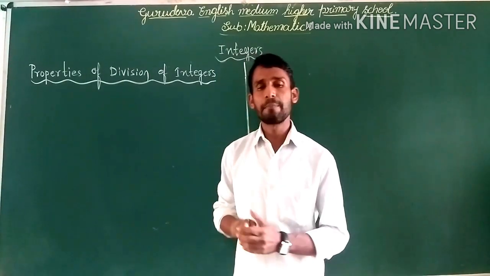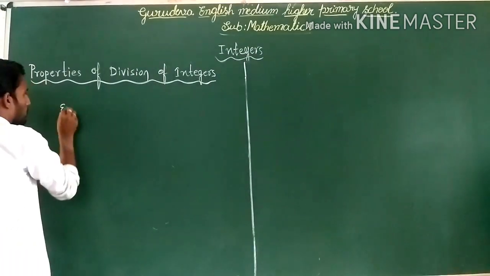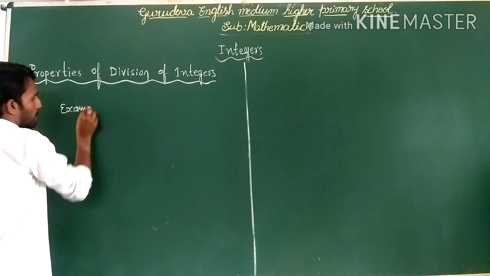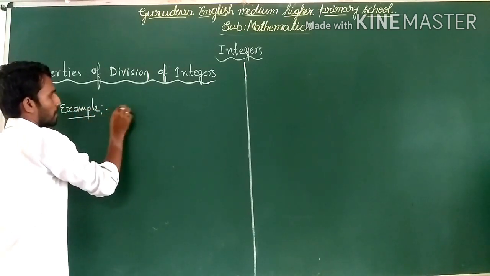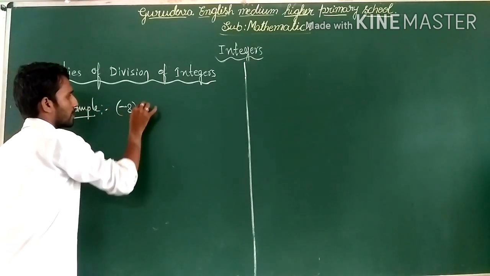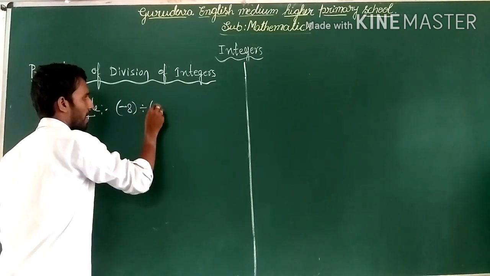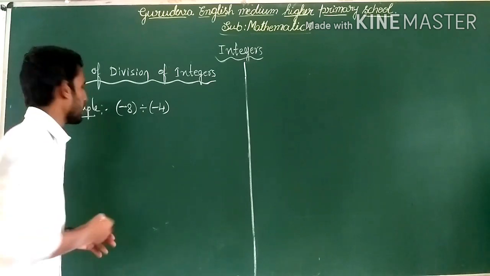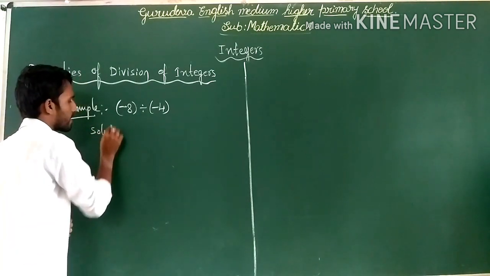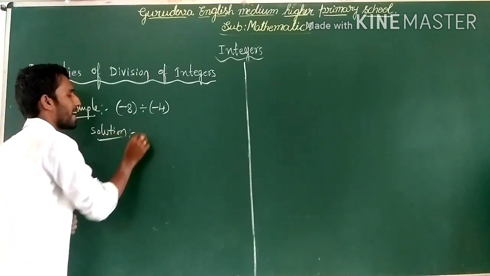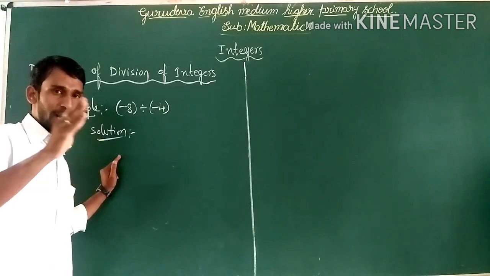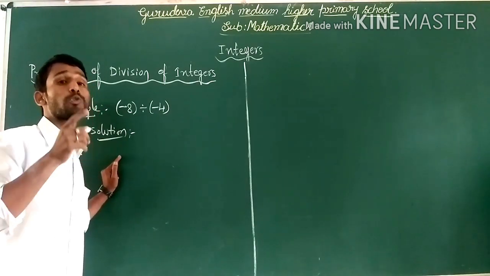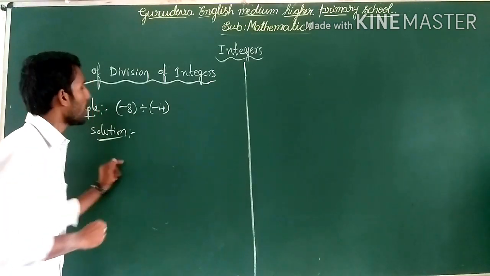First example I am taking here: minus 8 divided by minus 4. Solution: when we divide a negative integer by a negative integer, we have to put the positive sign before the quotient.